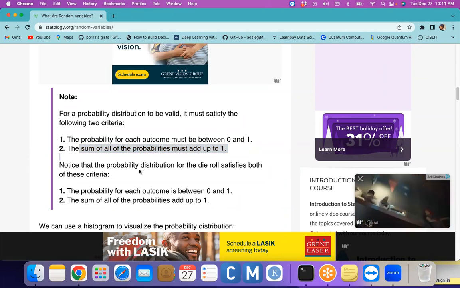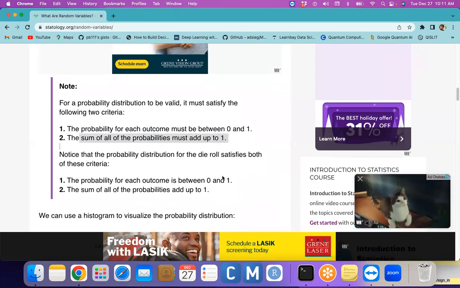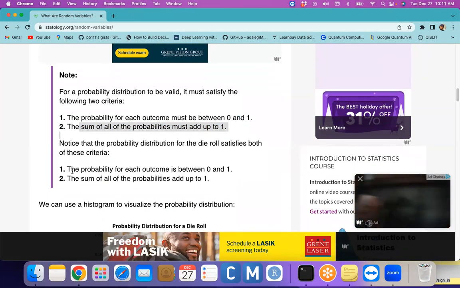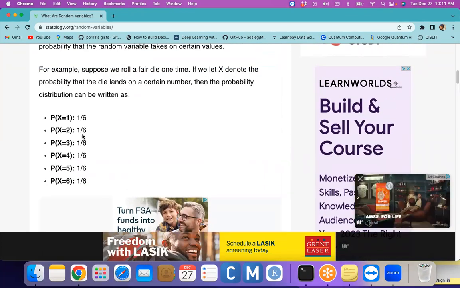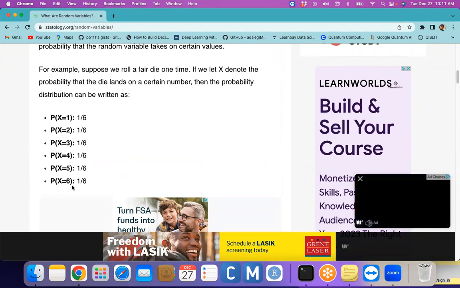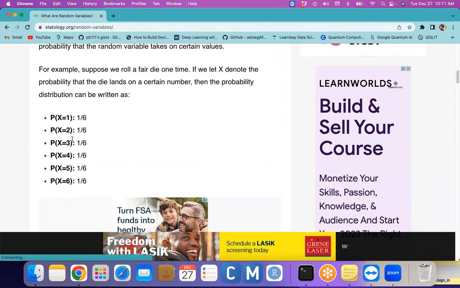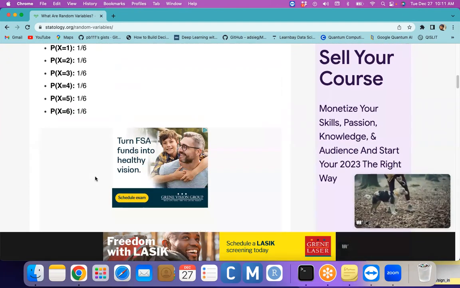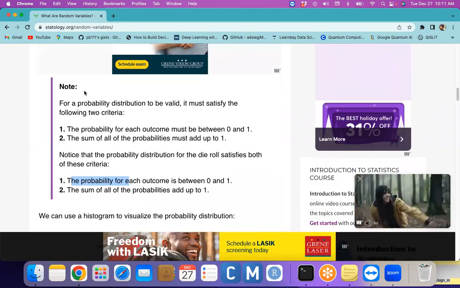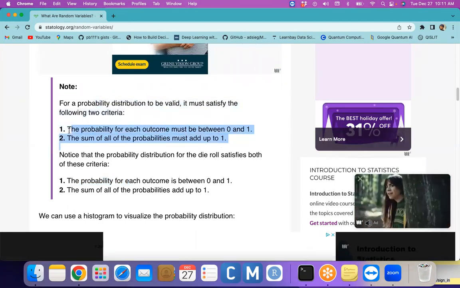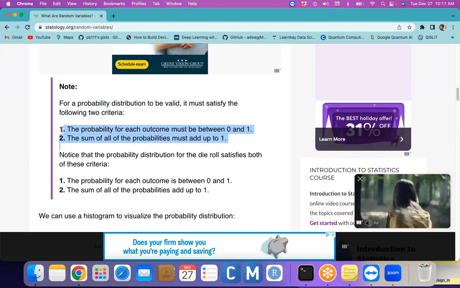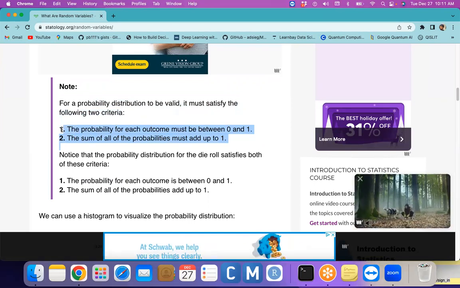Here we notice the probability distribution for the die roll satisfies both criteria. The probability of each outcome is between 0 and 1, and the sum of all possible outcome probabilities is exactly 1. These are the two criteria we need to remember for a probability distribution.